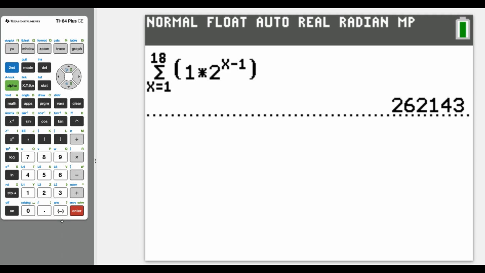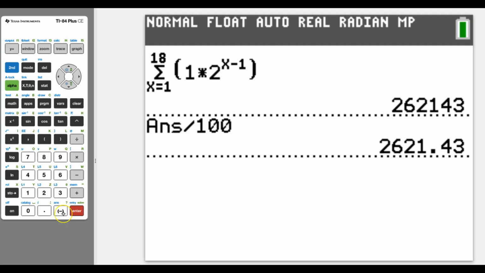262,143 cents. So if you remember from the last part, we divide by 100, and what do we get? Well, after 18 days, this is how much money he is going to get. So at the end of the 18th day, he's going to get this much money. All right, so probably not a bad deal.